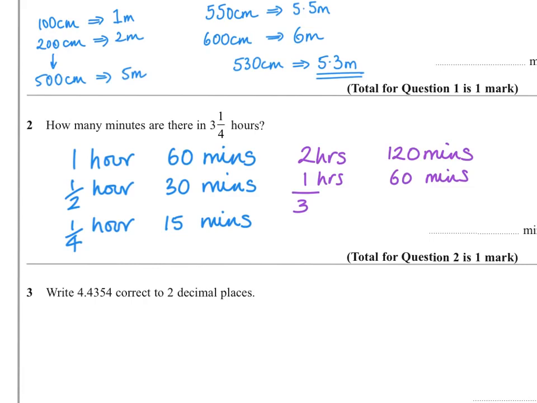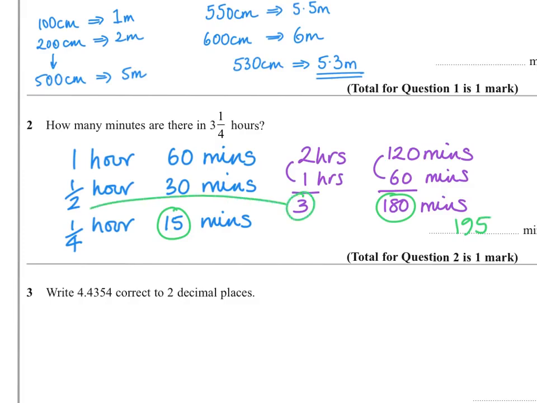Because if you add 2 and 1 together, you get the 3. So if you add the 120 and the 60 together, you get 180 minutes. So all you have to do now is add the 15 to the 180, and that gives you 195 minutes. And that would be 3¼ hours.